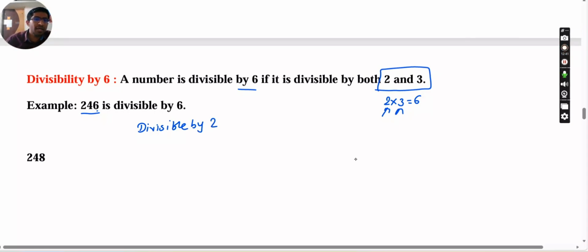So what we are doing, we are adding its digits. That is 2 plus 4 plus 6. 2 plus 4 is 6, 6 plus 6 is 12. And we know that 12 is divisible by 3, so it is also divisible by 3.